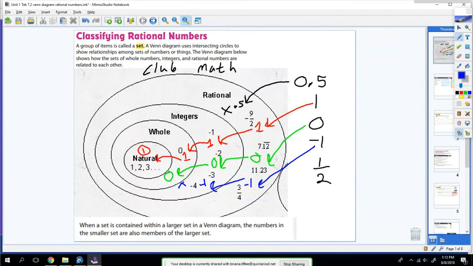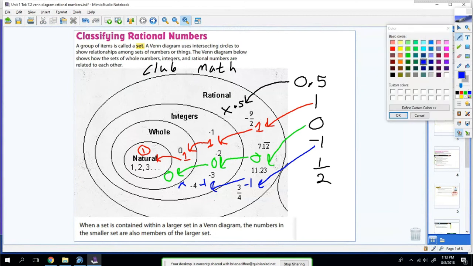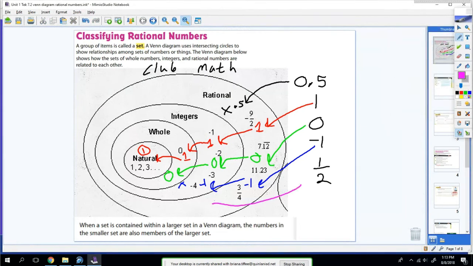So now 1/2. Let me see if I can change my color. 1/2 can be a rational, but it can't be an integer because it is a fraction.